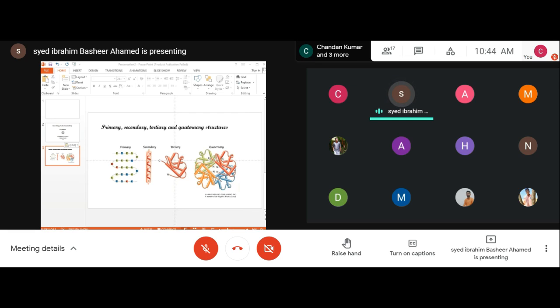And some proteins may require two or more polypeptide chains. So it will be a dimer or trimer or tetramer, or different octamers. Depending upon the protein, you will have multiple polypeptide chains. Just now we saw the example of myoglobin and hemoglobin.